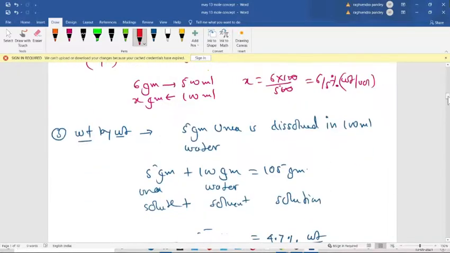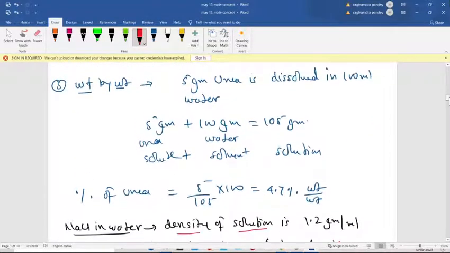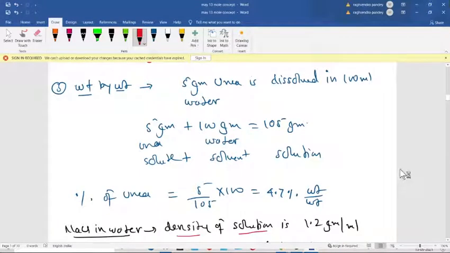Okay, weight by weight. This one. Where is this one? Okay.